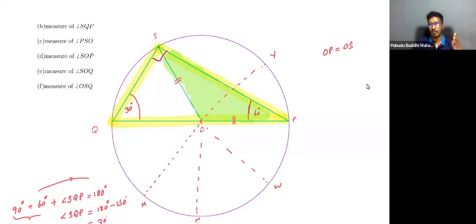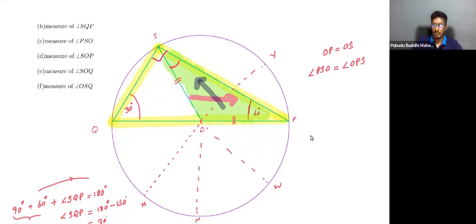So the opposite angle of side OP, we can mark like this, and the opposite angle of this side, that is 60 degrees, should be equal. Therefore, angle PSO should equal OPS, because angles opposite equal sides are equal.